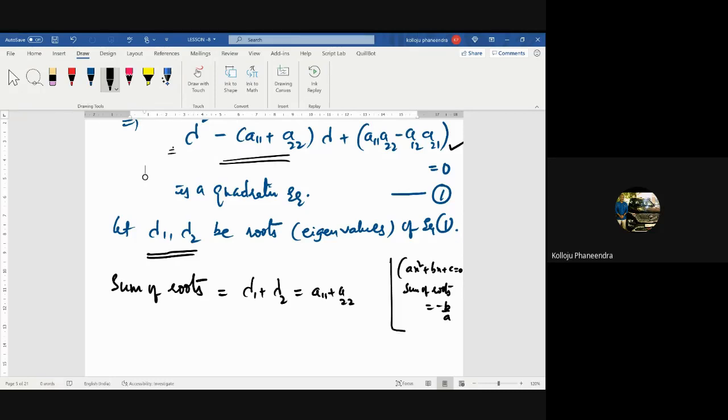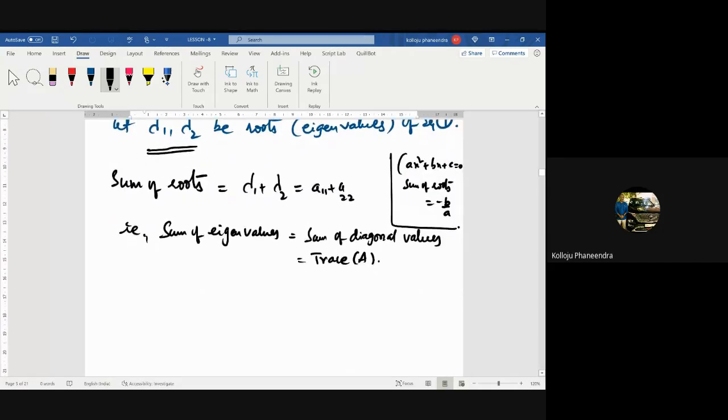Got it? Any doubts? Lambda 1 plus lambda 2, the sum of eigenvalues, is equal to the sum of diagonal elements, nothing but the trace of A. The first property is over.